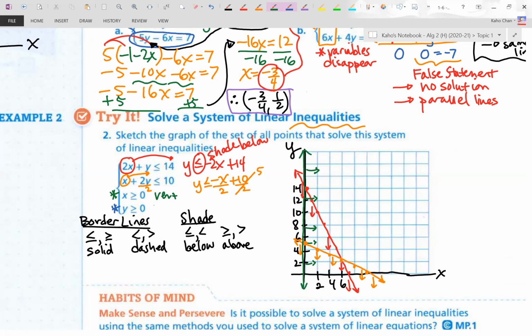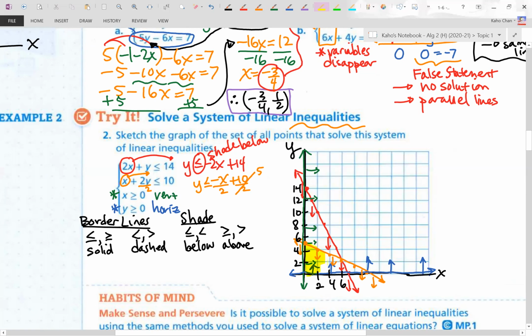Last inequality is a horizontal line. It's the x-axis, where it crosses the y-axis at 0. This time it says greater than or equal to, this is above the line. So I hope you guys can visualize this. I'm going to go ahead and shade where all 4 inequalities overlap each other, and it's in here.